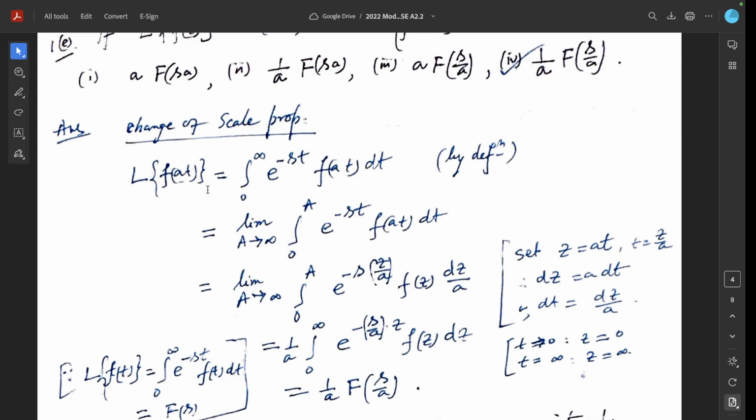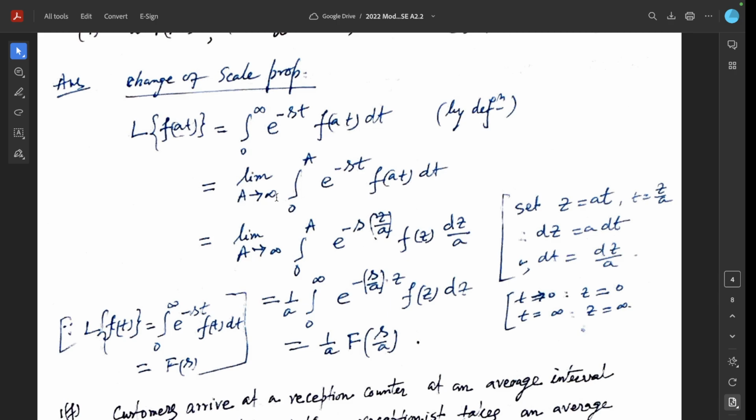L of f(at) equals the integral from 0 to infinity of e to the power minus st f(at) dt, by the definition of the Laplace transform. Then, as a tends to infinity, from 0 to a, e to the power minus st f(at). Set z equal to at, so t equals z by a, and dz equals a dt, so dt equals dz by a. Changing the variable from t to z, when t equals 0, z equals 0, and as t tends to infinity, z also tends to infinity.